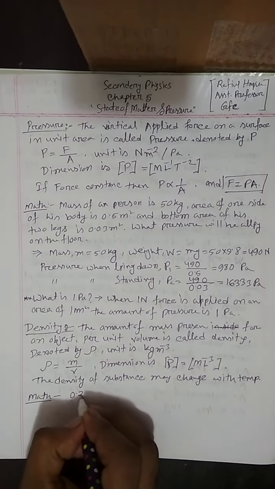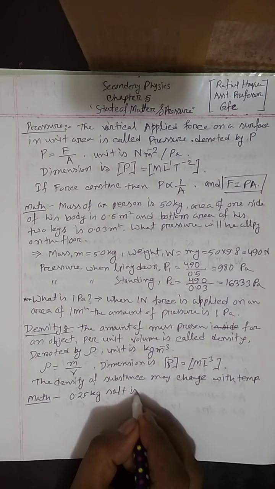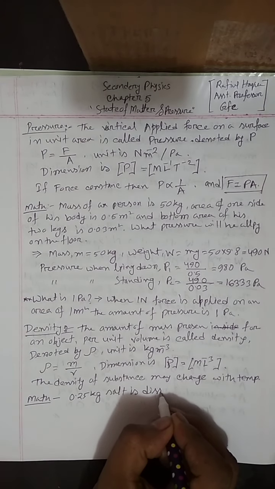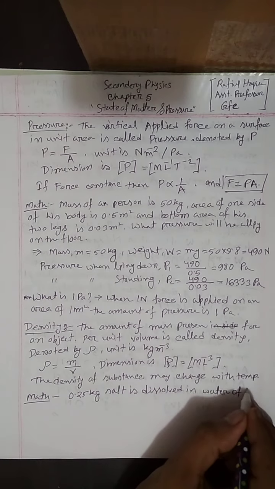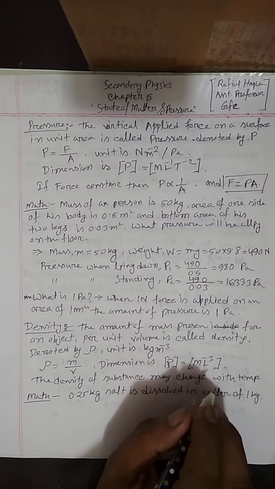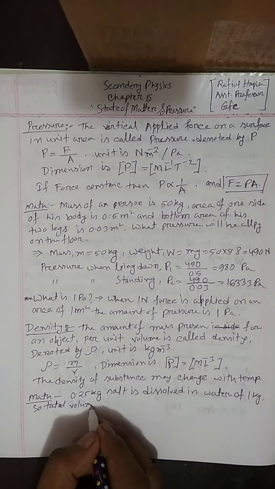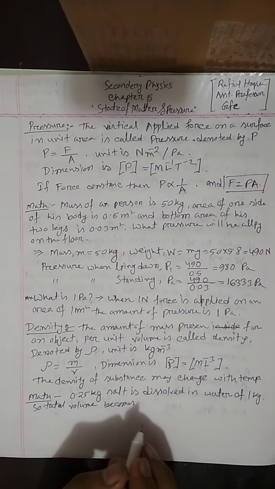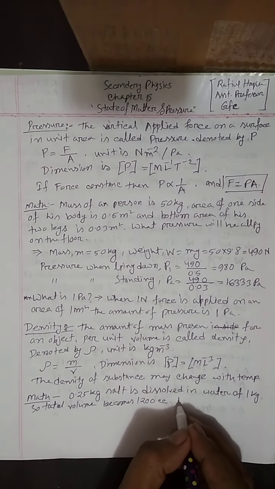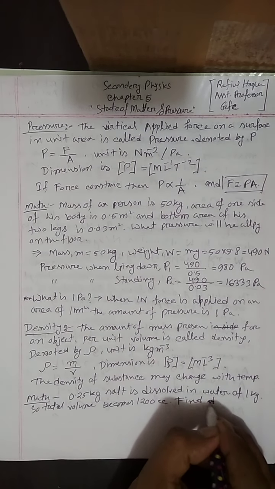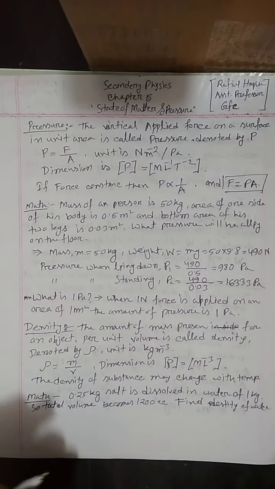Okay. 0.25 kg salt is dissolved in 1 kg water, so that the total volume becomes 1200 cc. Find the density of the salty water.